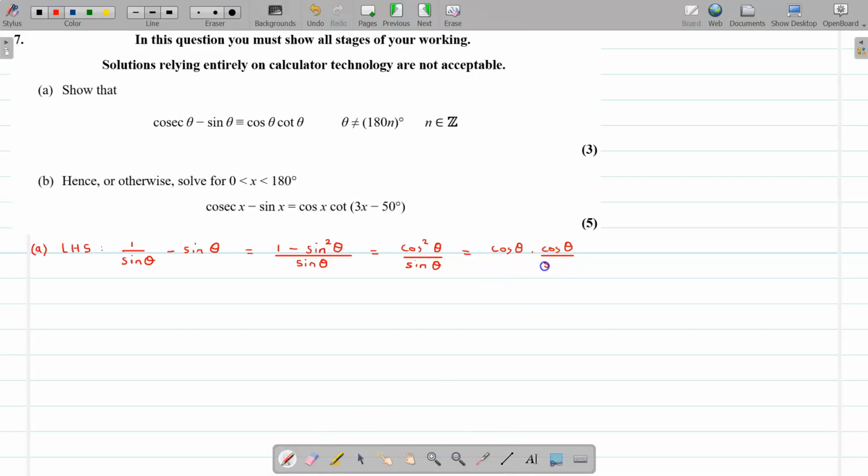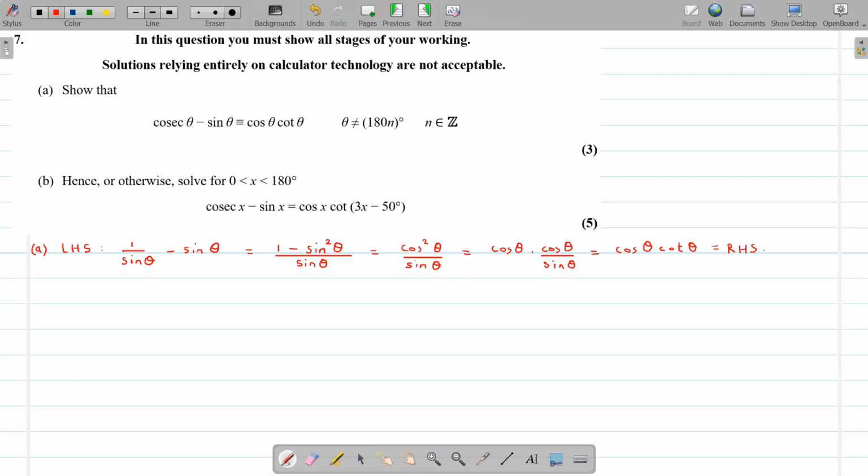Because hopefully now you can see that I have cos theta times 1 over tan, which is the same as cos theta times cot theta. And at that point, I would go into cos theta, cot theta, which is equal to the right-hand side.